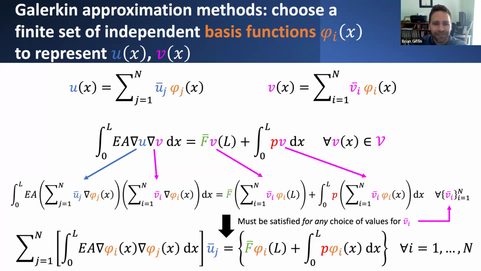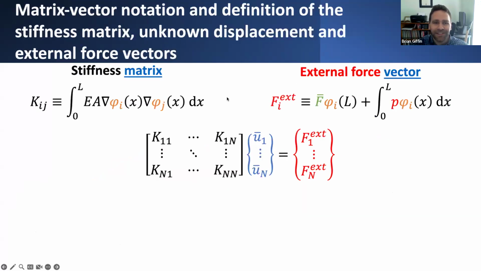Okay, now making a few extra modifications. If we wanted to, we could re-express these different quantities that appear in the preceding expression, which we defined as the stiffness matrix, indexed in terms of a row index i and a column index j, or also in terms of our external force vector, involving external forces and distributed forces multiplied by corresponding basis functions.